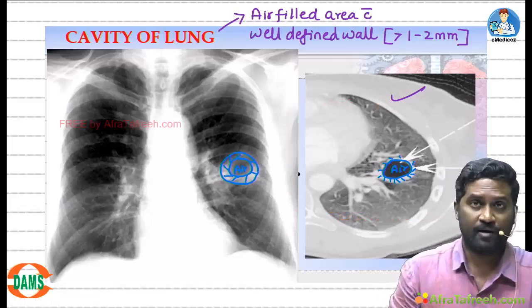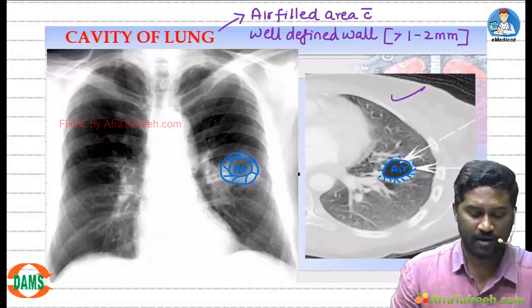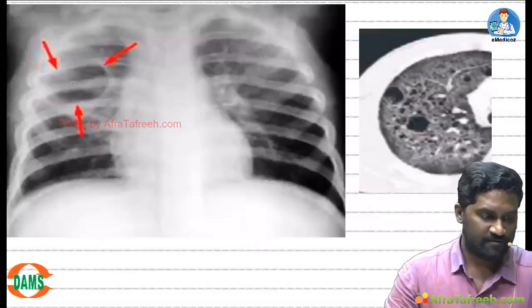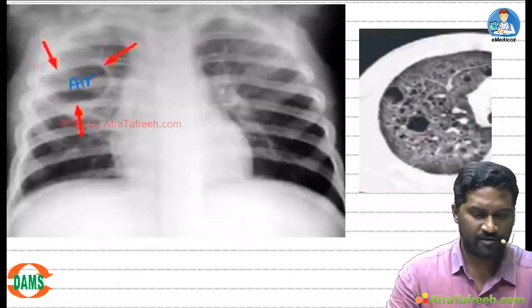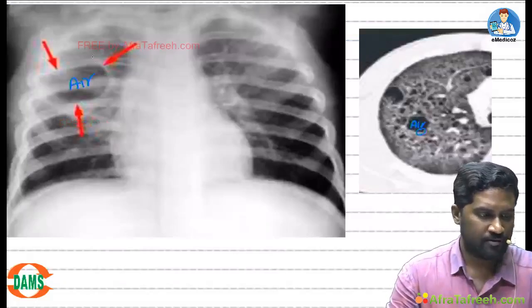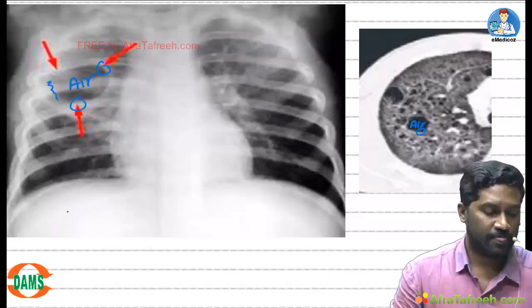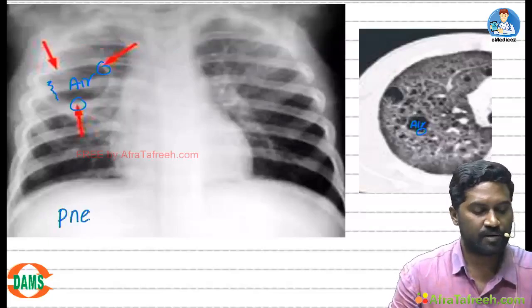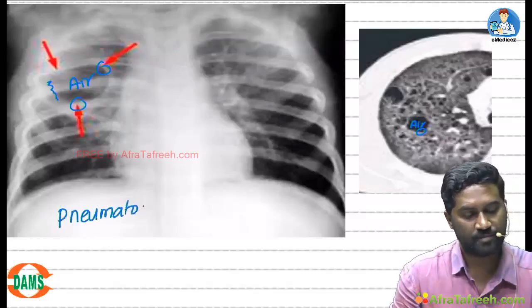Now I will show you another air-filled area. Tell me, how is this different? This is also an air-filled area, but there is no proper wall. See, you can see wall here only. Here there is no proper wall. This is called as pneumatocele.